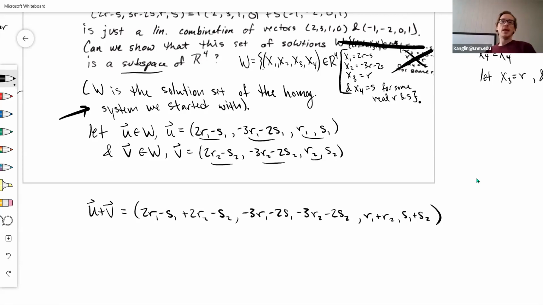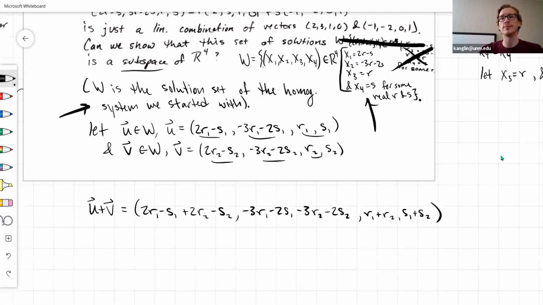That's the sum. Now we're asking, is this still of this form? If it is, we better be able to write it in a way that really shows it does take this form, where the x1, x2, x3, and x4 have this relationship to each other in terms of R and S.